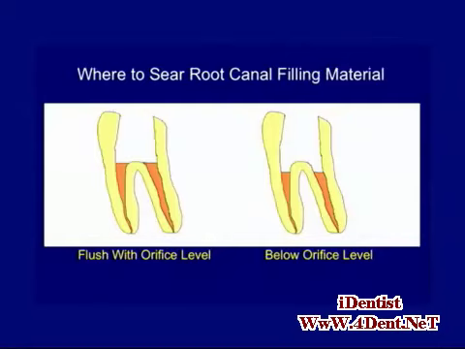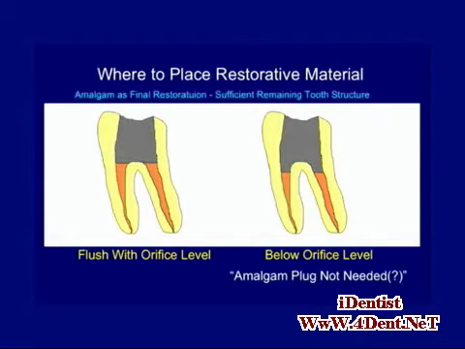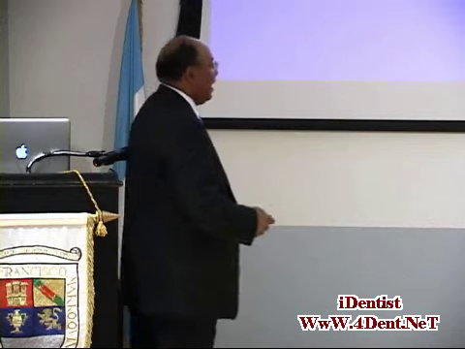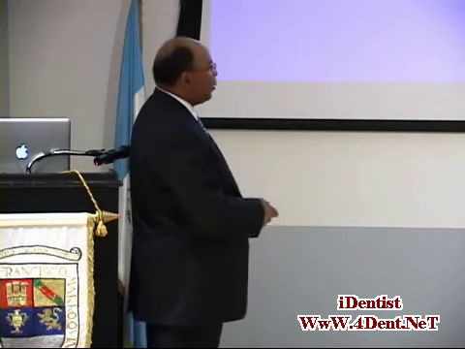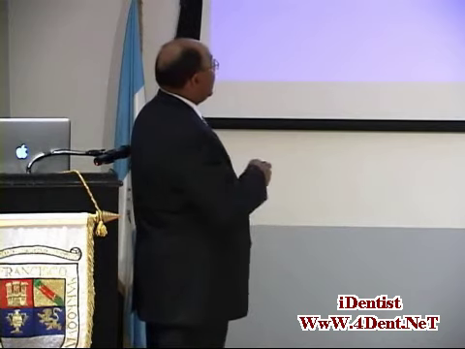What I'm trying to show here is the difference between being flush with the orifice level versus being below the orifice level. And the question that I had is, is an amalgam plug needed or not? Is that going to gain us any additional retentive capabilities of the restoration?